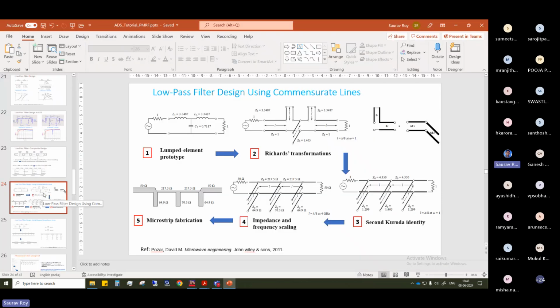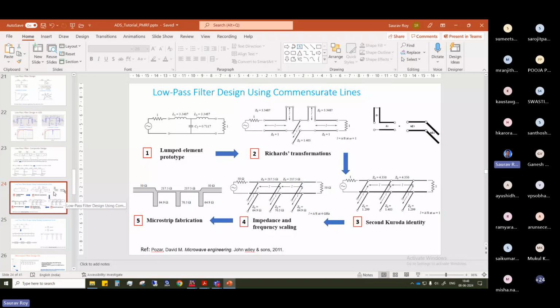So now the main question is how to do all these designs using microstrip lines. Because that is what we are trying to do: filter design in microwave. So what will be the steps? If you remember, in the last class I discussed the theory. One was commensurate line theory. In commensurate line theory, the transformation we use is called Richards transformation.